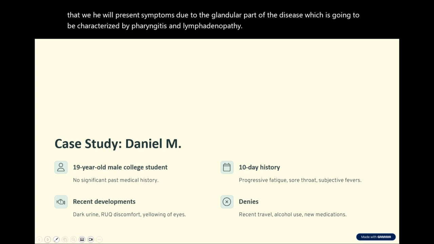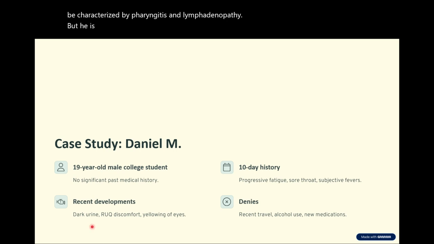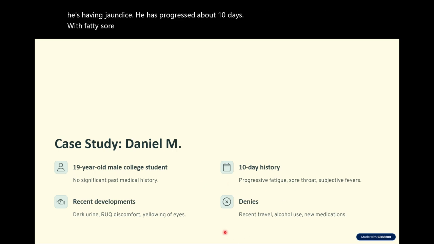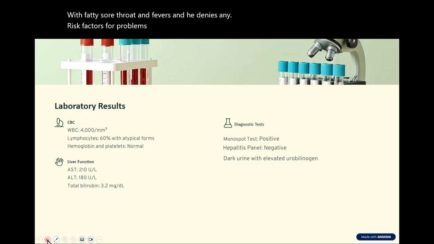But he is developing dark urine, right upper quadrant discomfort, and yellowing of the eyes. So he's having jaundice. He has progressed about 10 days with fatigue, sore throat, and fevers, and he denies any risk factors for problems in his liver.